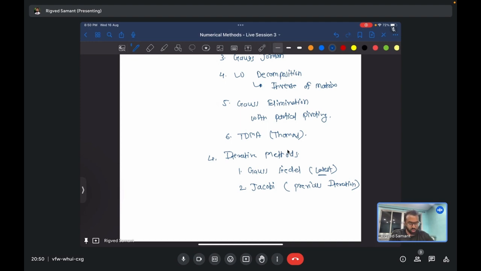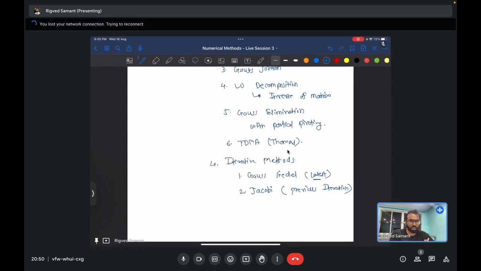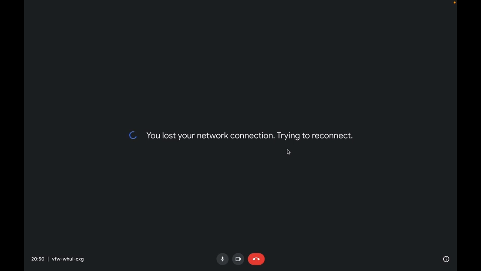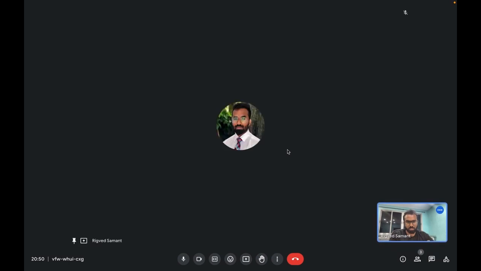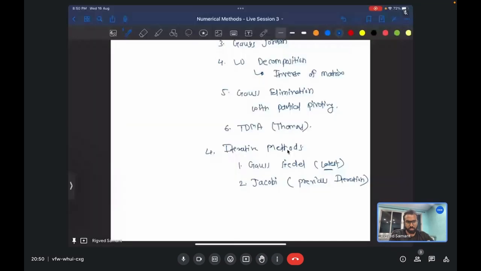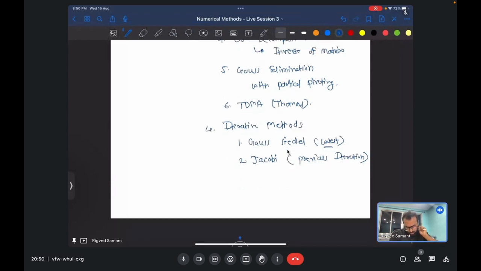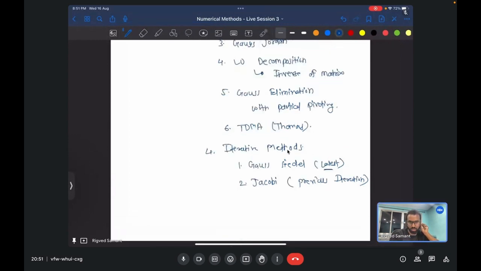And for Gauss Seidel or Jacobi to converge, you have to check the diagonal dominance. Just check that and you will be good to go.